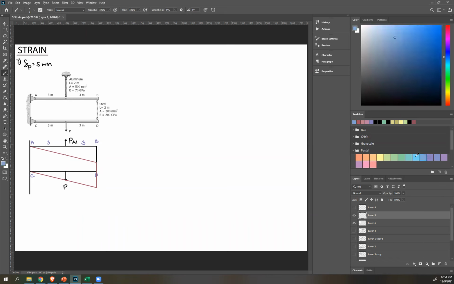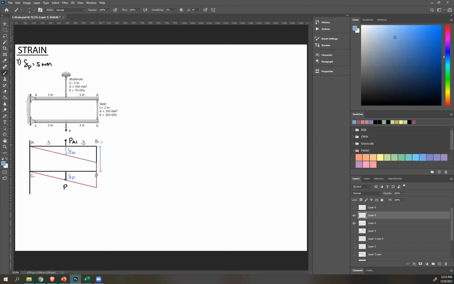So we can say that this is the displacement of your point P. And at this point, that's attached to an aluminum rod. So initial point, final point, you can say that this elongated. And that's the displacement of your aluminum. Now this is the tricky part, your steel. Now this is the original length of your steel.